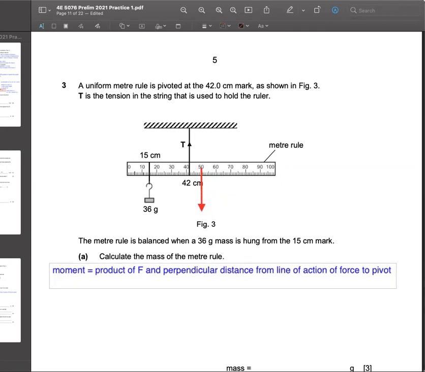All right, what is the principle of moments?